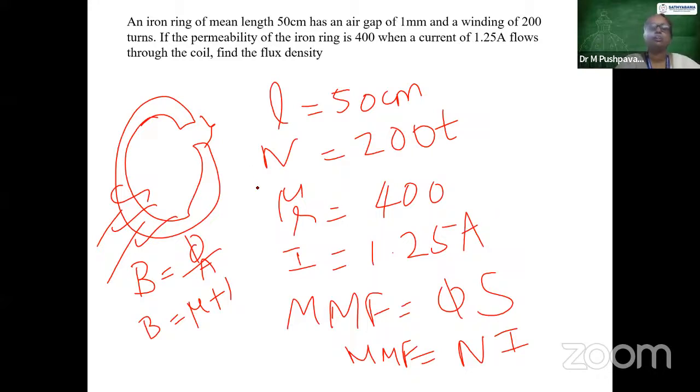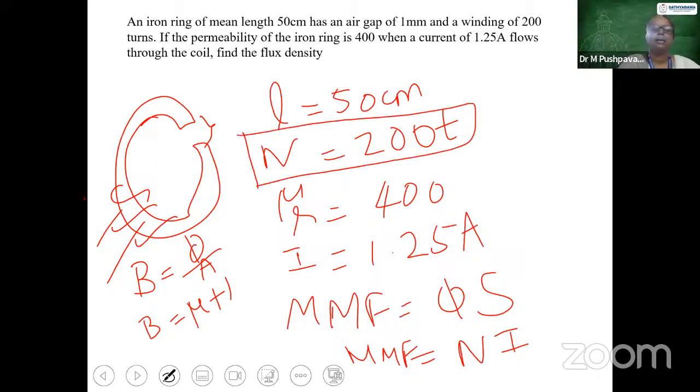Number of turns is 200, and current value is 1.25. So what is the flux density? Put it in the chat.